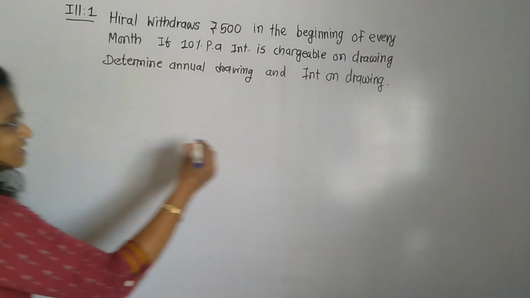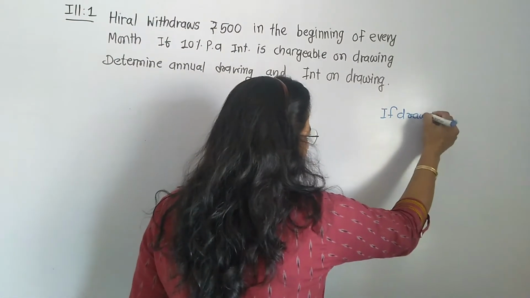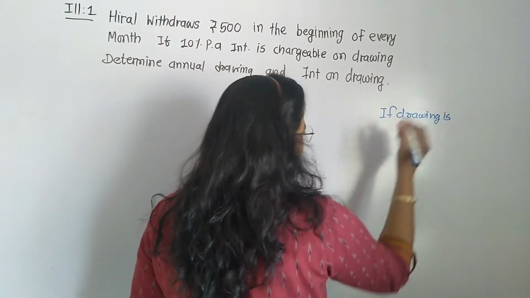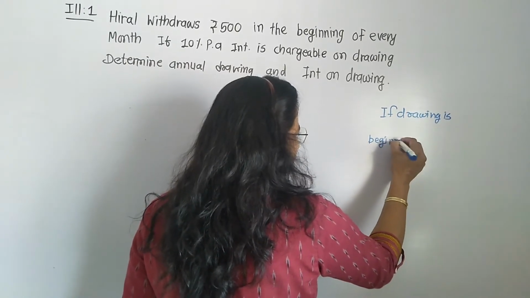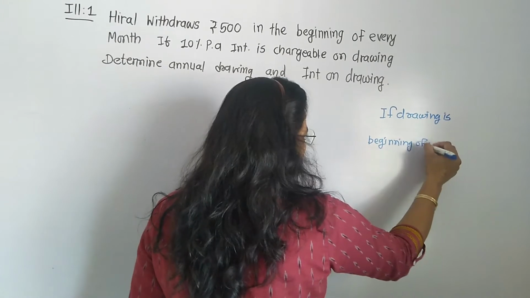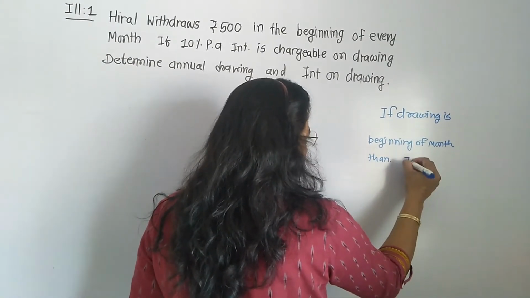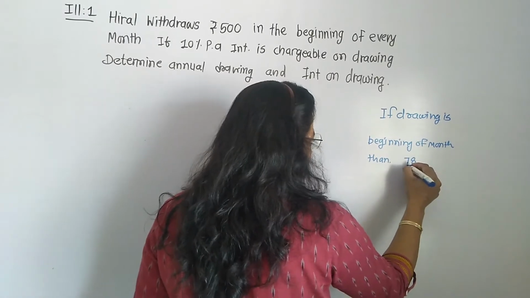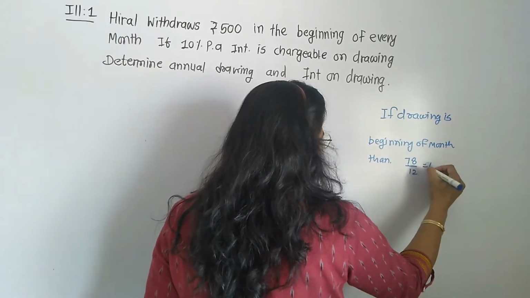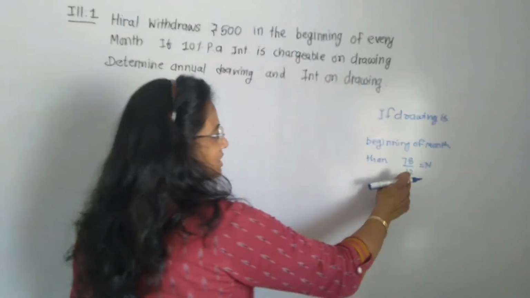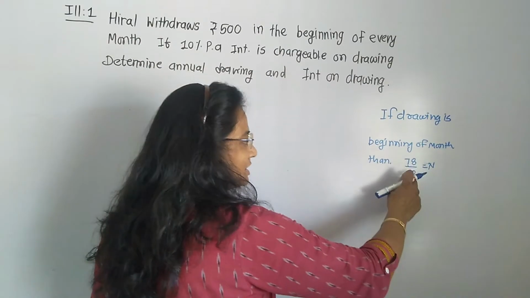If drawing is at the beginning of the month, then you have to take 78 upon 12 months as n. Here when you put the n value in the sum, you have to put 78 upon 12.